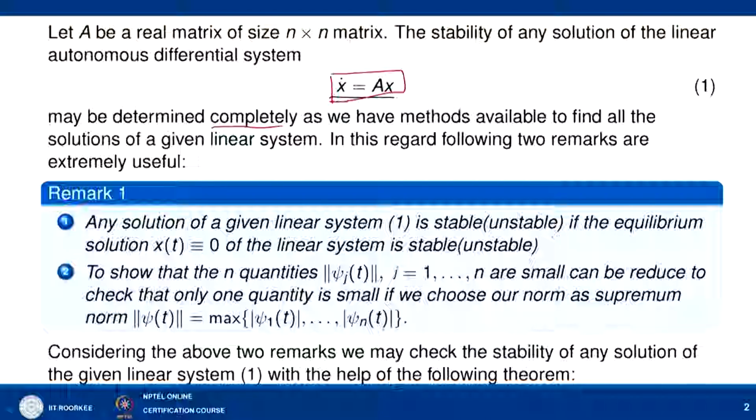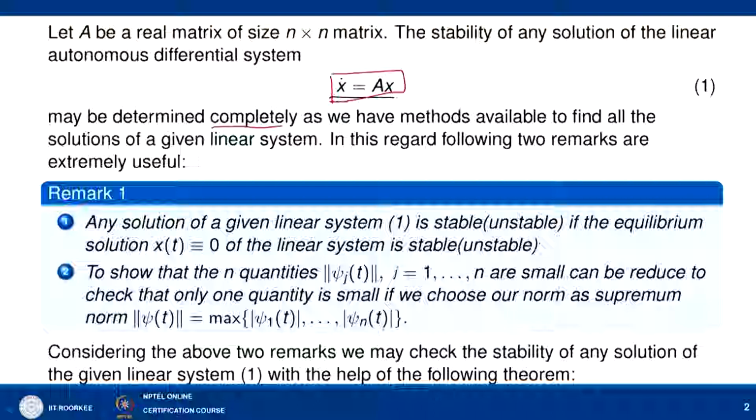Here the stability behavior is equivalent whether it is any solution or the 0 solution. So the 0 solution will give you the stability behavior of any solution. If the 0 solution of the linear system is stable, then any solution is stable, and if the 0 solution is unstable, then any solution of the linear system is also unstable. So, this is the first and very important remark.